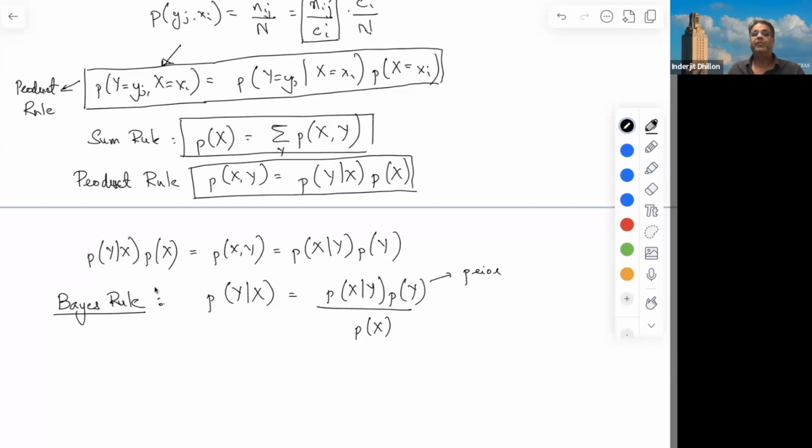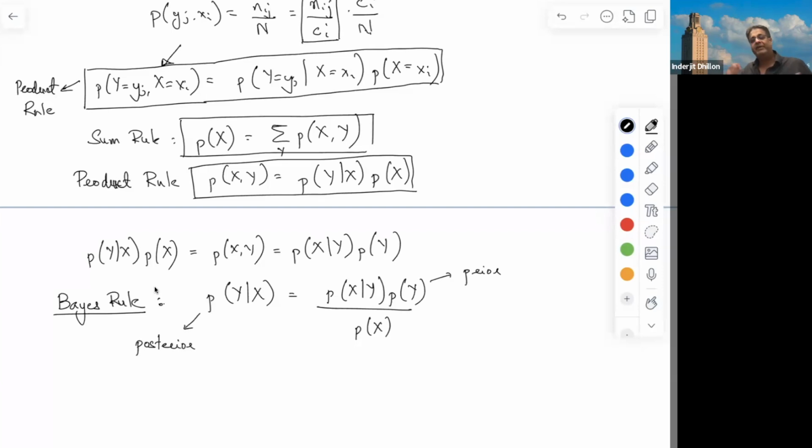There might be a prior distribution that most emails are actually normal and not spam, so P of y equal to spam might be much lower than P of y equal to not spam. That's something we can either guess from the data, or we may have some reason to give a different prior. And this is known as the posterior.